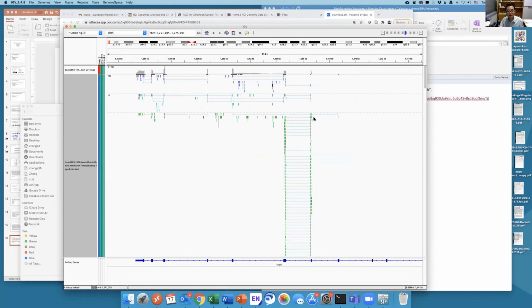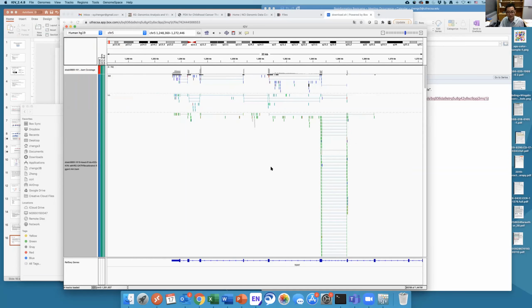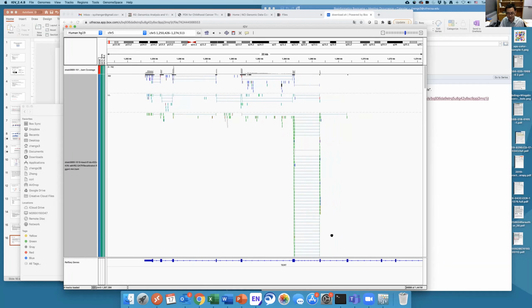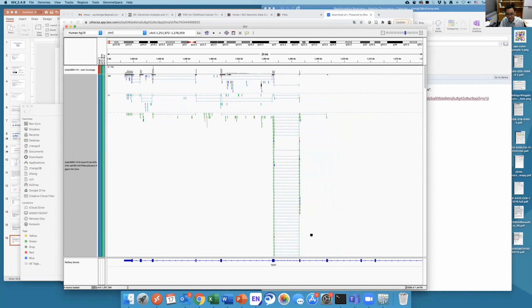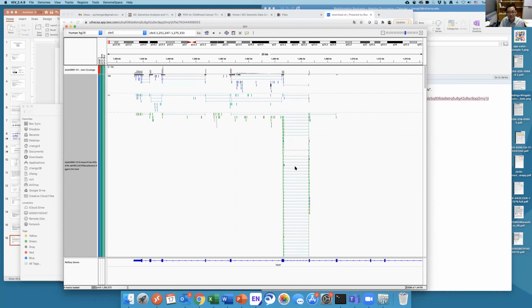If we zoom out a little bit, you can see at the bottom of this interface you have the gene models. Each box indicates an exon. This is precisely how TERT looks in the reference genome, and you can see most of the reads are aligned to the exonic regions in TERT.